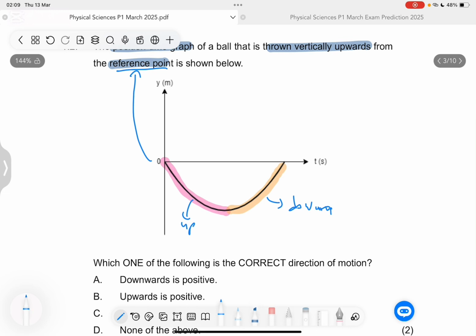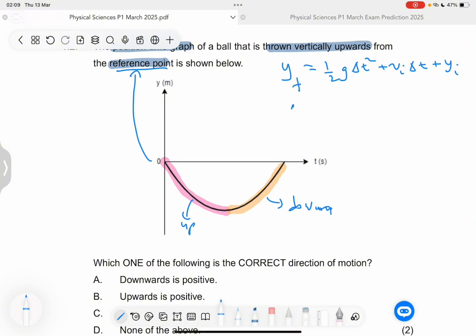Remember, to get the direction, we said that we use the standard equation of a parabola. We said this graph is a parabola. We draw this graph from the equation: final position equals 1 over 2 g change in t squared plus initial velocity times change in t plus the initial position.